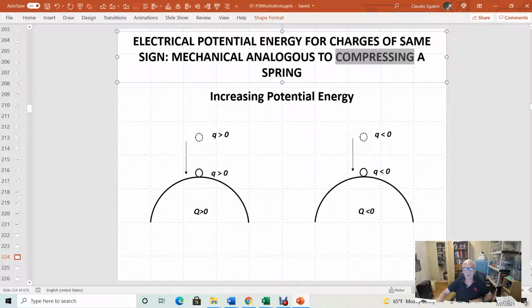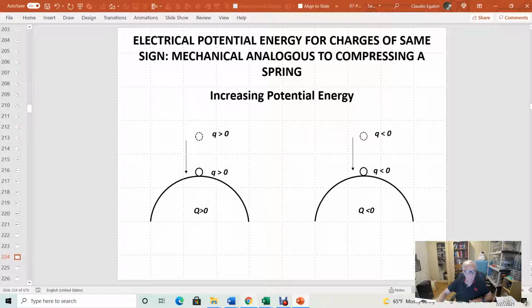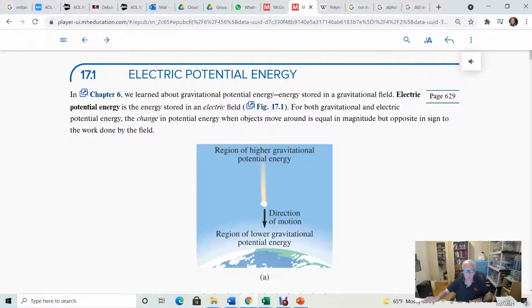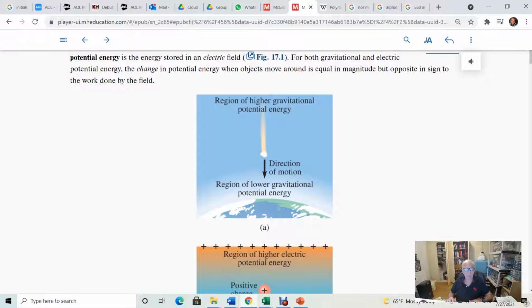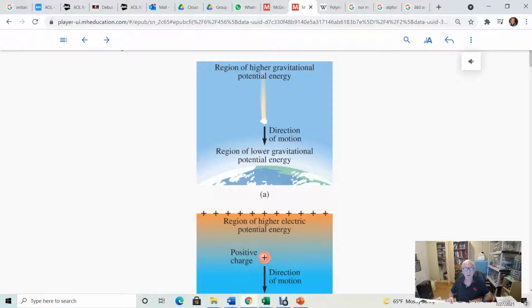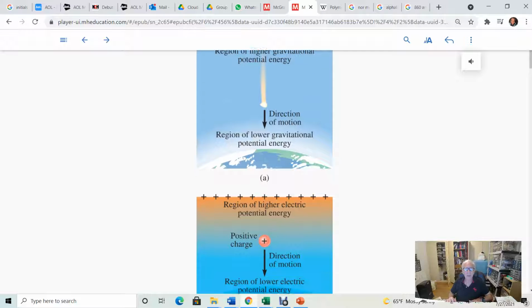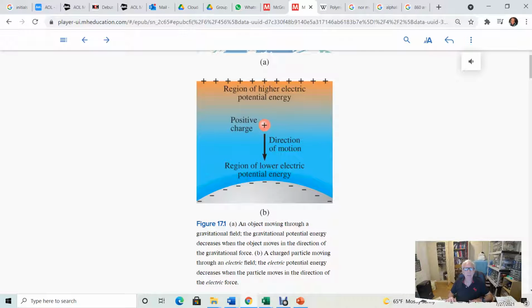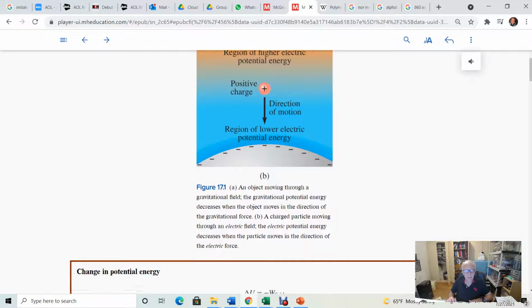The book did something similar, but I went further than that. Here you go. We have this meteor losing potential energy, going to lower altitude, gravitational potential energy. We have this positive electric charge losing potential energy because it's approaching the larger electric charge. That's what this is all about.